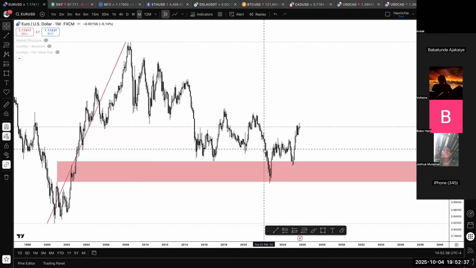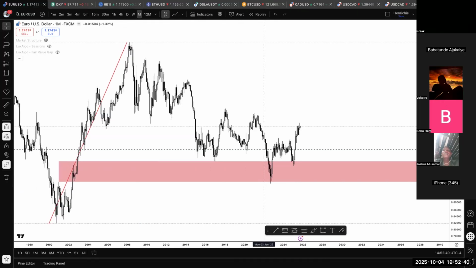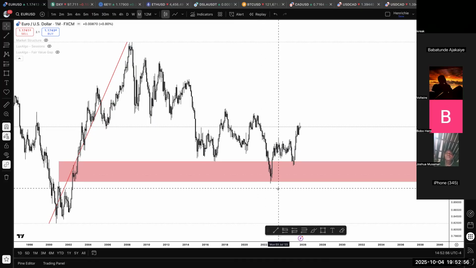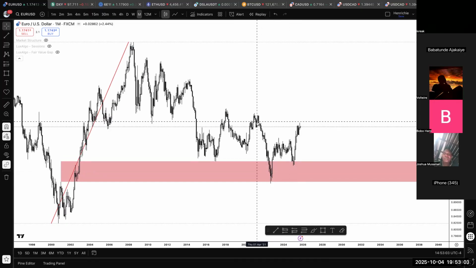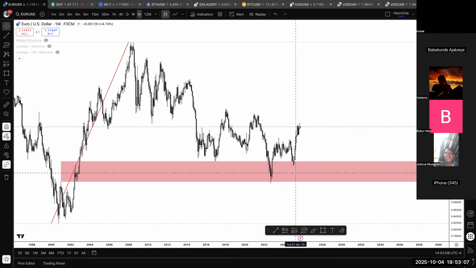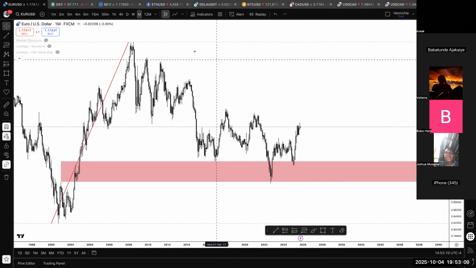When you see a daily break of structure, that is the market giving you a telltale sign that at least, even if it's not in the long-term perspective, whether it's a counter trend or pro trend, the trend has shifted momentarily, and you should focus on that new trend shift. Look for a higher time frame fair value gap or inefficiency that you will use as your draw on liquidity that will attract price to the next direction.